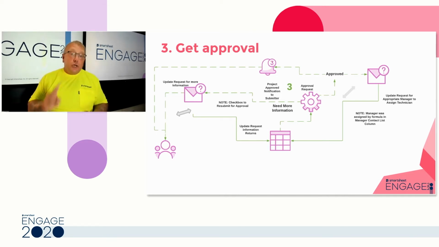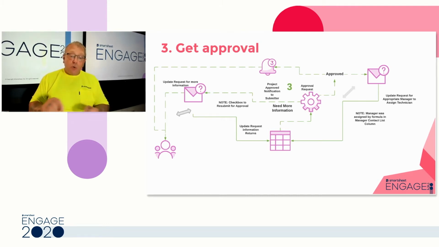Then we're going to have 2 different things happen. One is we're going to send a note back to that submitter saying, hey, we're going to do what you asked for. Here might be an SLA that you include in that message, something to tell them, yep, we're good to go. You'll have it on the due date, whatever you submitted.